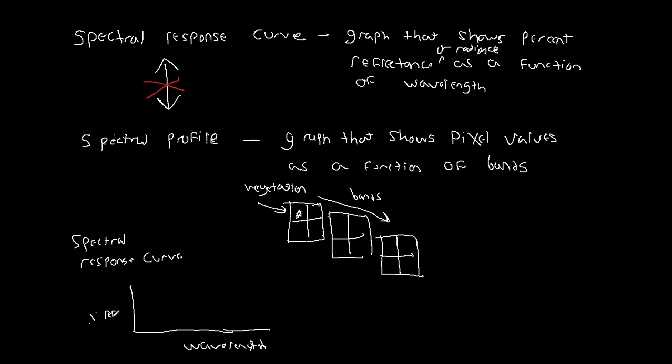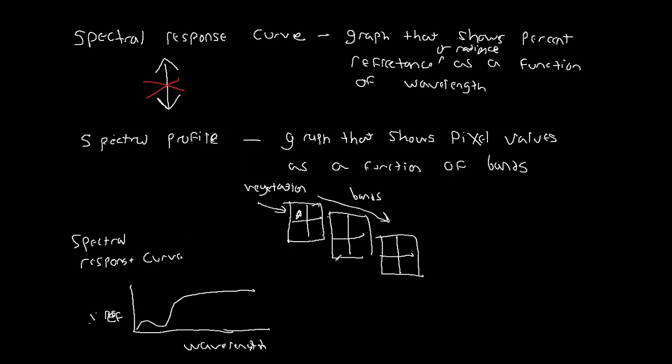And we said it's going to look something like this. This is a spectral response curve. It's measuring every wavelength from the starting point to the stopping point of whatever region we're interested in. This is the spectral response curve.